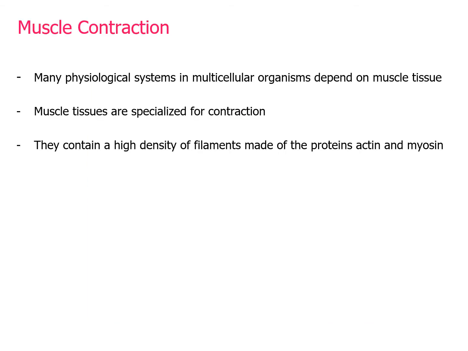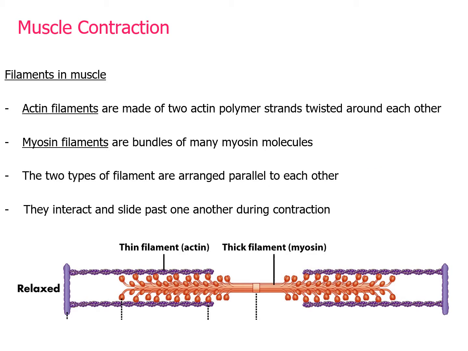So in a multicellular organism, we have physiological systems, and many of them depend on muscle tissue, the specialized ability of muscle to contract. Muscle can do that because it contains non-soluble fibrous strands or filaments of polymers of actin and myosin, which can interact, and these are called thin filaments for actin and thick filaments that are made of myosin.